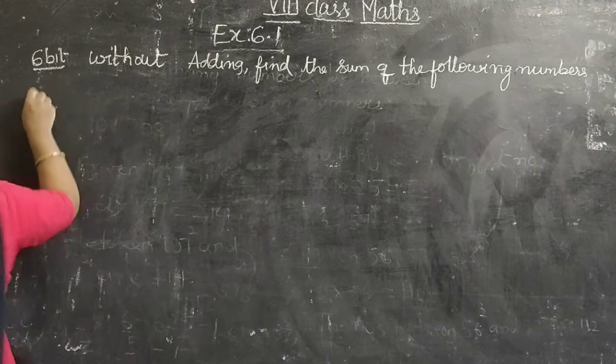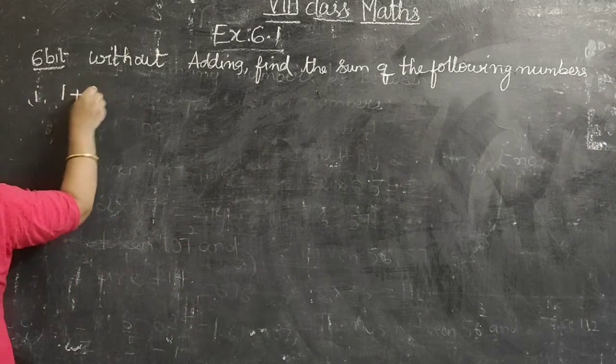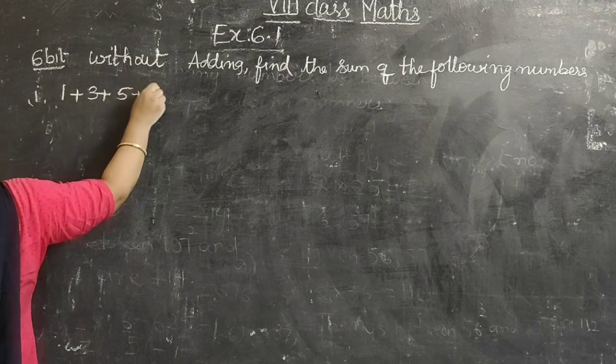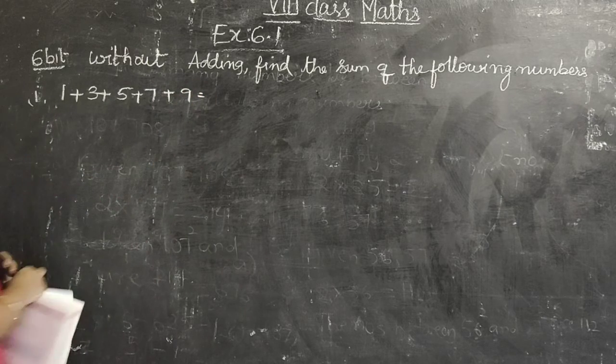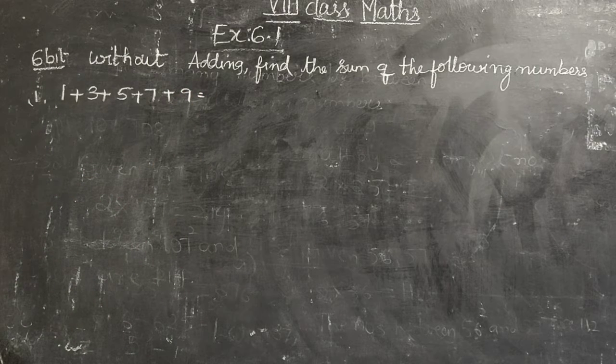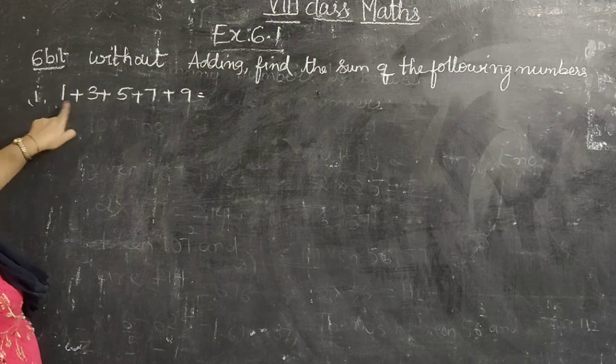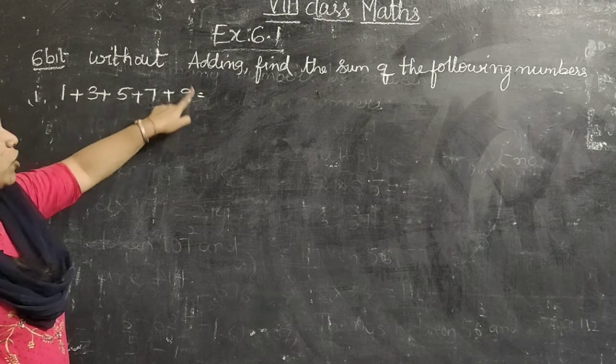So first one is 1 plus 3 plus 5 plus 7 plus 9. So without adding, we have to find the value of this. So here we are seeing all the odd numbers and the sum of odd numbers.